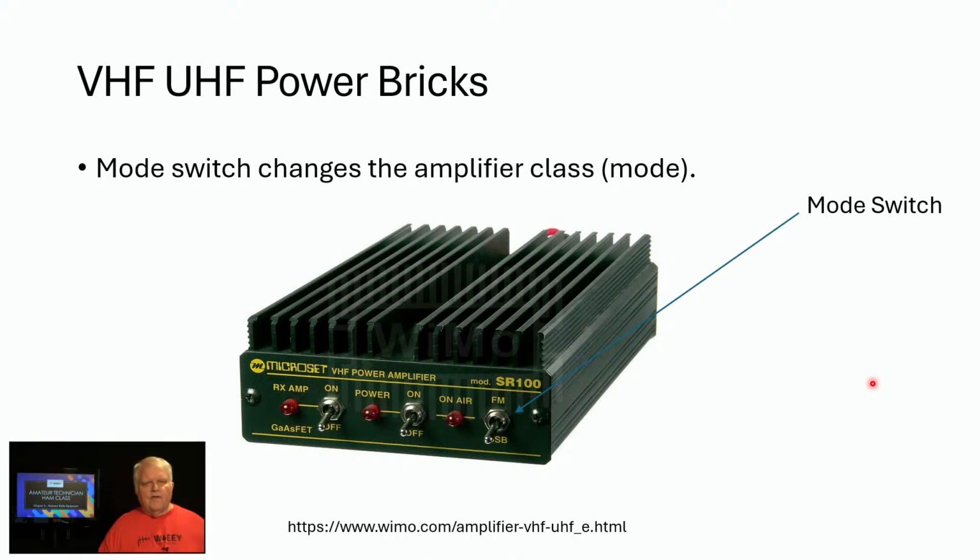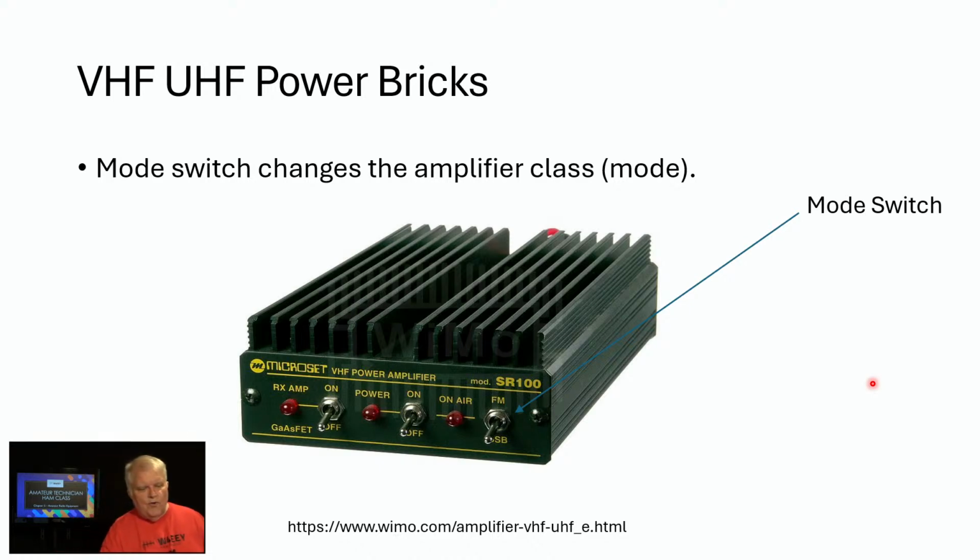And the interesting thing about these is that you can use them for FM, and you can also use them for single sideband. But the best settings in the amplifier for FM are not the same as they would be for single sideband. Single sideband requires that you amplify the entirety of the signal that comes into it, whereas with FM, signal amplitude is not important. You just need to make sure you're amplifying the frequency changes.